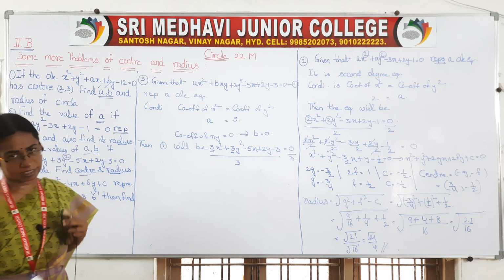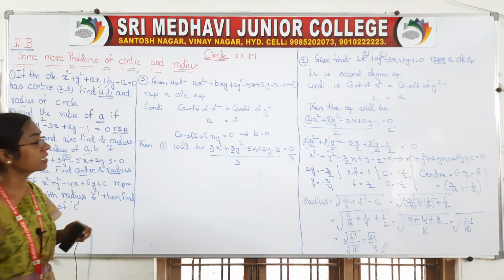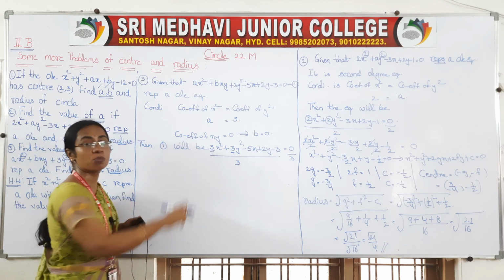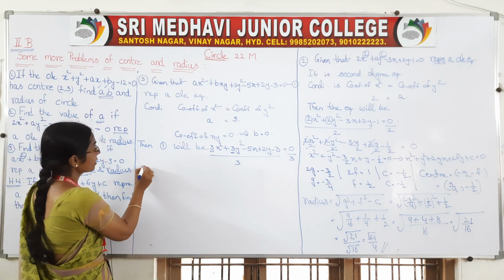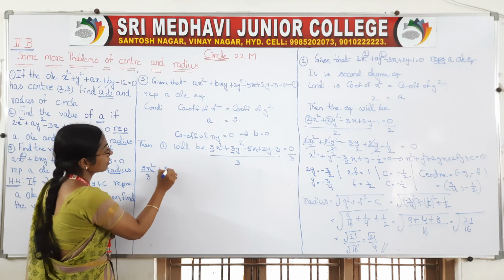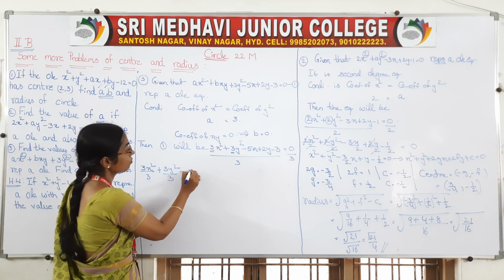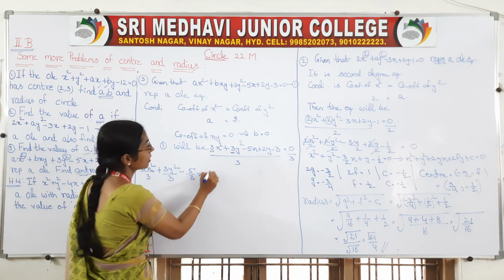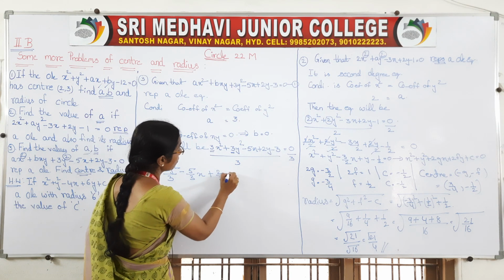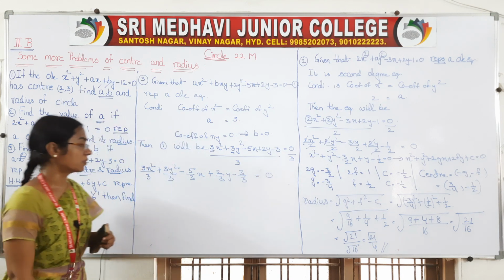There also we did like that. There the coefficient was 2, so we divided both sides by 2. Here the coefficient is 3, dividing both sides by 3. Writing separately: 3x square by 3 plus 3y square by 3 minus 5 by 3 x plus 2 by 3 y minus 3 by 3 is equal to 0.